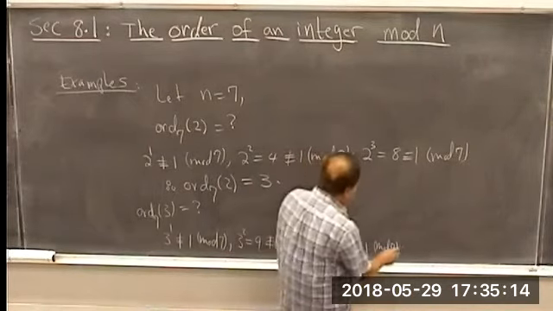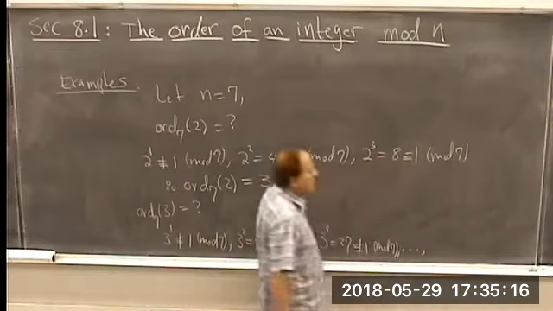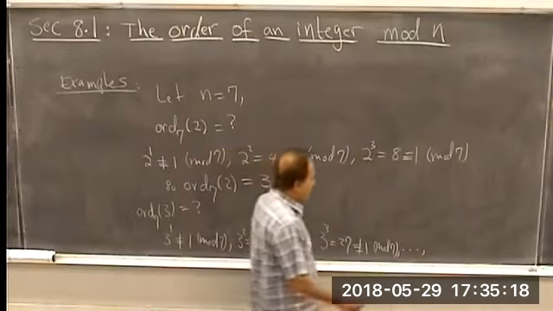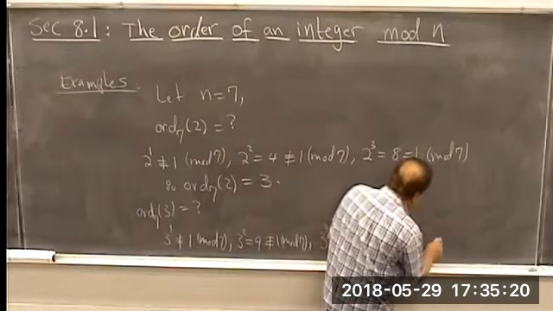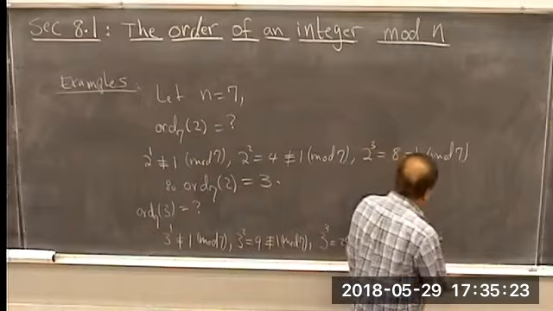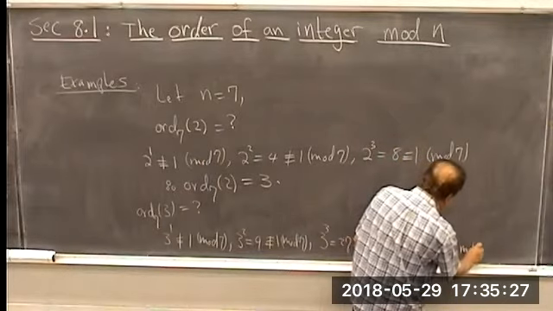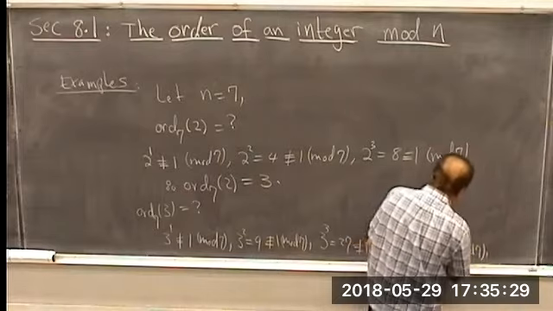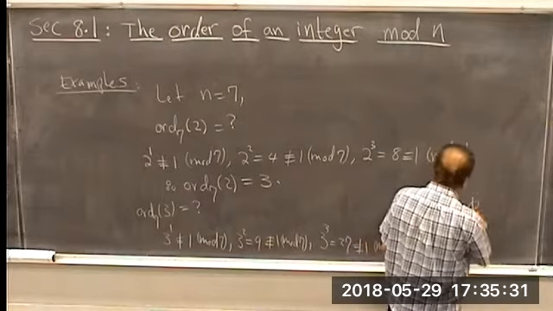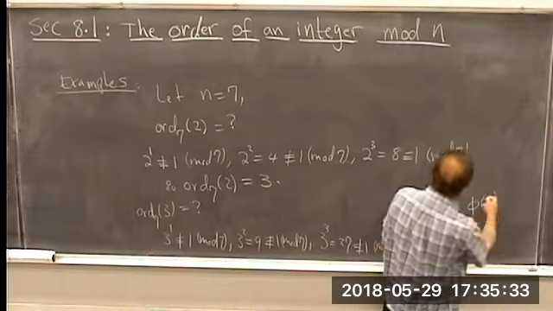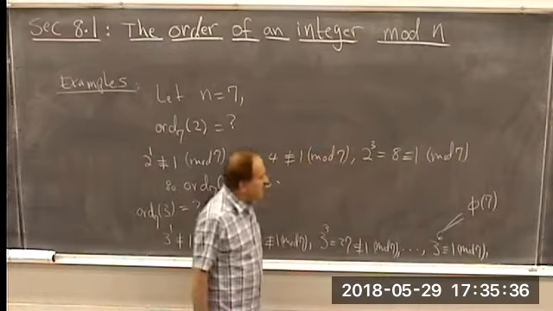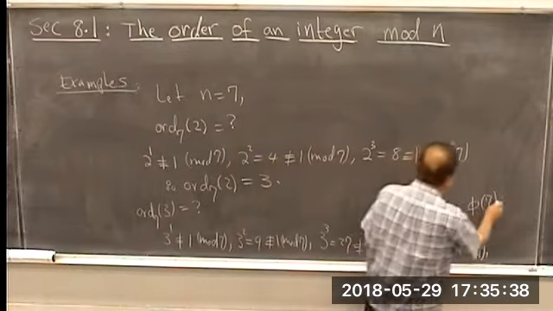And go to the next one. It turns out, after you do the whole exponent, that in fact 3 to the 6 is congruent to 1 mod 7. So this is the smallest exponent. And remember, 6 is actually phi of 7. So 7 is a prime, and phi of 7 is equal to 6.